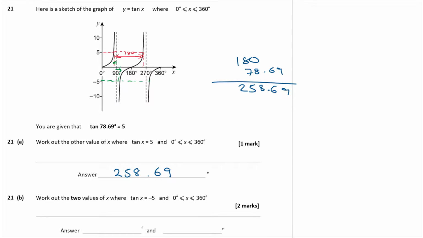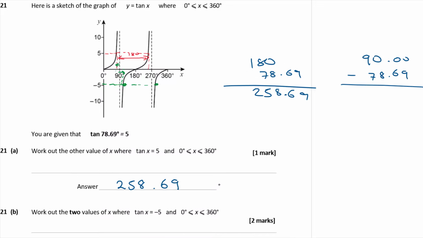So if I work out the difference between 90 and 78.69 first, what is 90 minus 78.69? Sometimes it's easier to add on, so what do I need to add on to 78.69 to get 90?